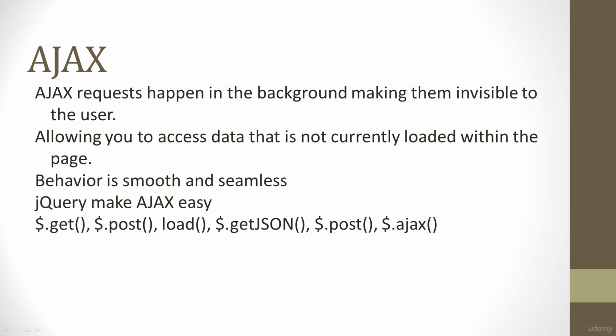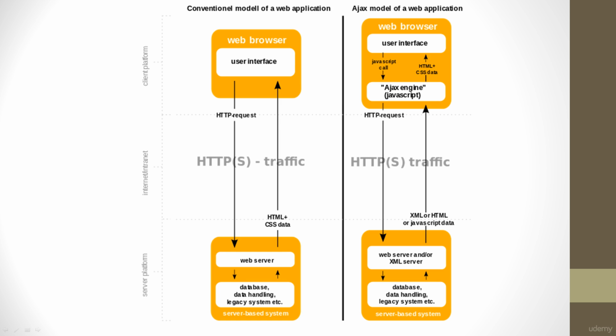We can do get, post, load, getJSON, and ajax. The ajax method covers the other five, but these are more specific for what type of data you're requesting back. So use the one that's optimized for accessing the data and interacting with that data request.